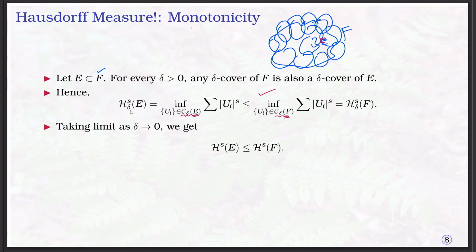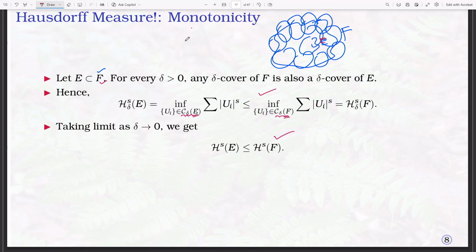So taking delta tends to 0, we get Hs of E less than or equal to Hs of F. Like that we proved that if E is contained in F, then Hs of E is less than or equal to Hs of F, the monotonicity.